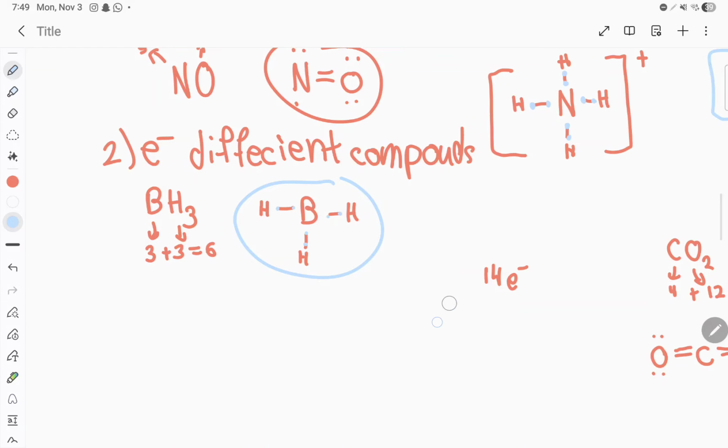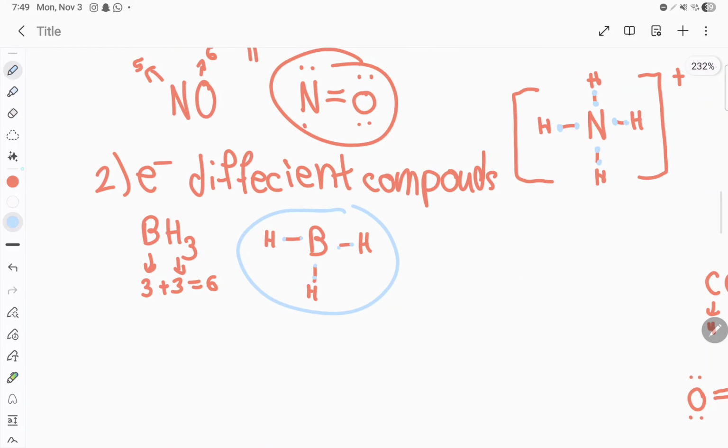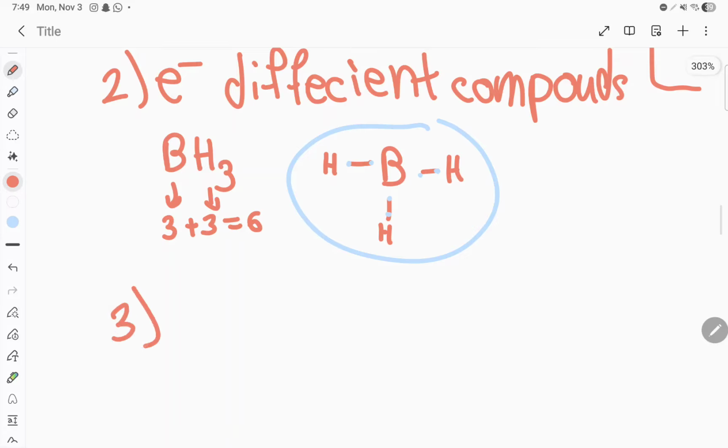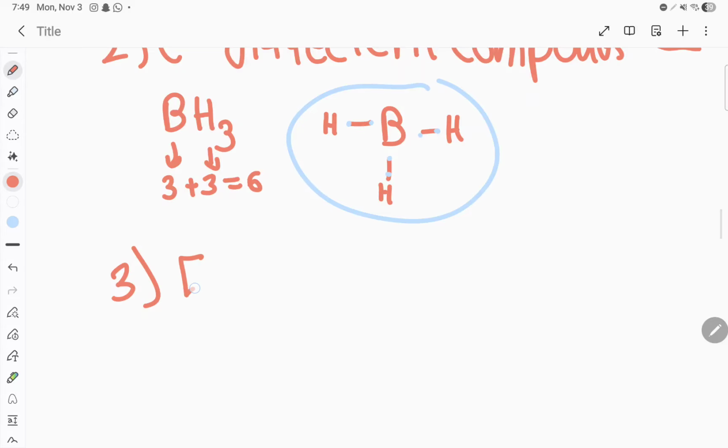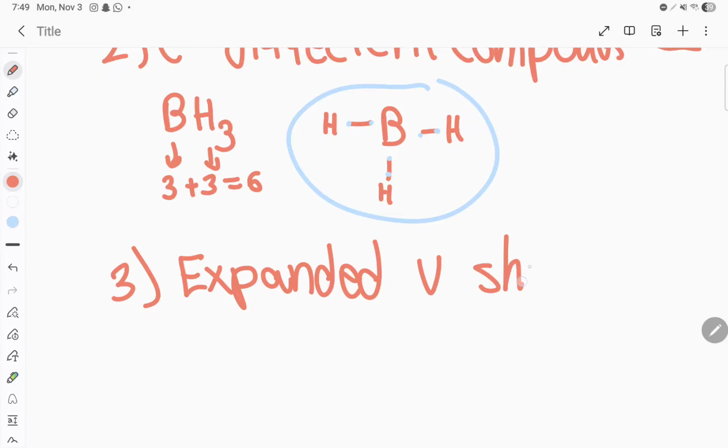And now for our last exception, I think our last exception, is elements with expanded valence shells.